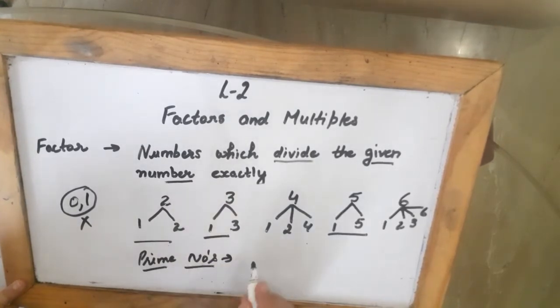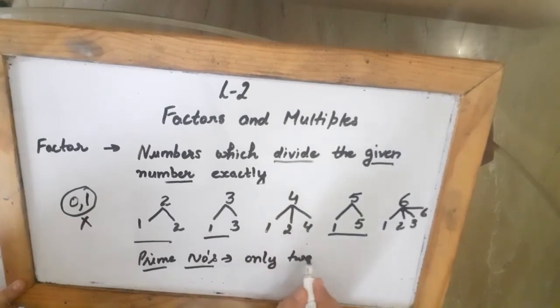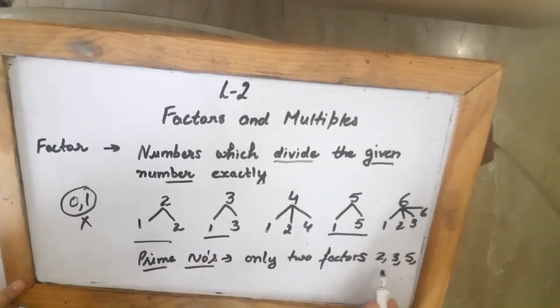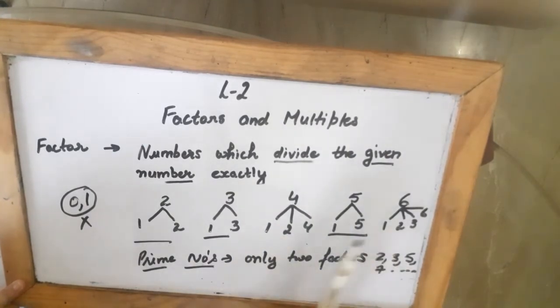Prime numbers are those numbers which have only two factors, like 2, 3 and 5, 7 and so on. While the numbers which have more than two factors, they are called composite numbers.